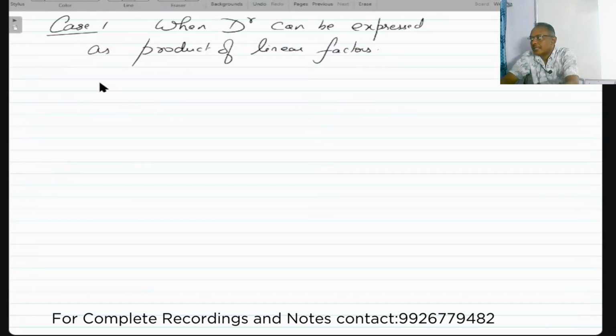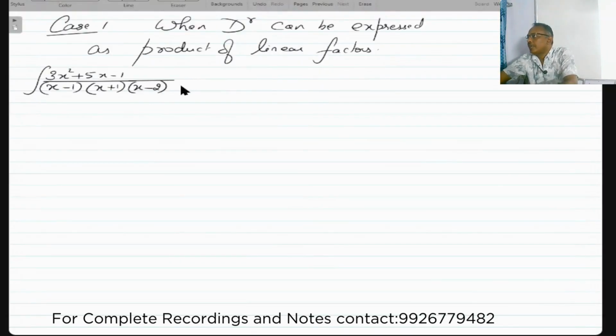That means, supposing you had an integral like this, 3x square plus 5x minus 1, denominator has x minus 1, x plus 1, say x minus 2, say 2x minus 2, 2x minus 3, like this. ठीक है?